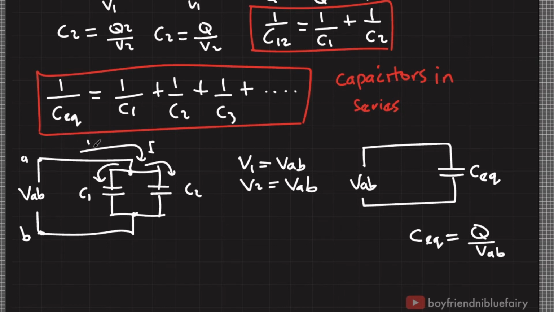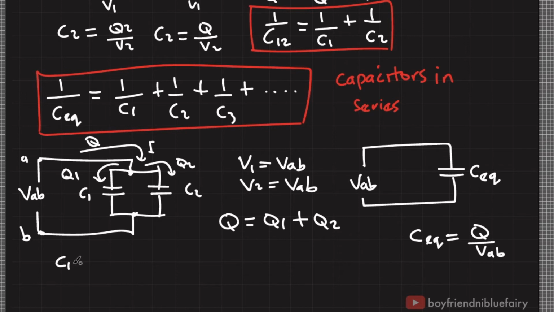When total charge Q moves through this path and reaches this node, it is divided into Q sub 1 and Q sub 2. So the original amount of charge coming from the battery is now divided into two: Q sub 1, the charge that accumulates on capacitor 1, and Q sub 2, the charge that accumulates on capacitor 2.